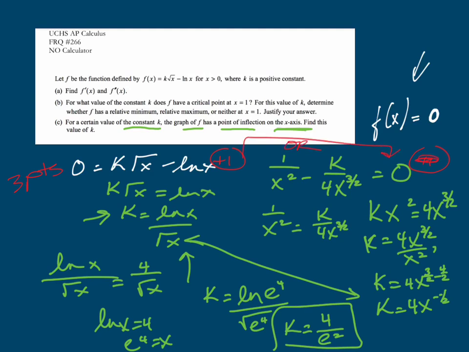So if you did nothing else, if you set one of those two things equal to 0, you get a point. If you get the equation in one variable where you solve for x, you get 1 more point. And if you got 4 over e squared, you get the third point. All right, so that's FRQ 266.